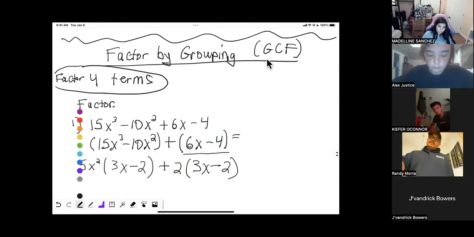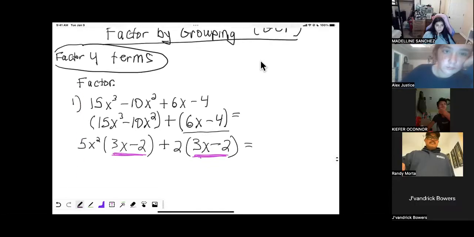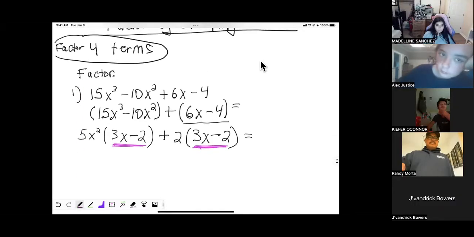Now, I want you to really realize, look at this. Aren't they the same? When you factor by grouping, to do it correctly, they have to be identical. They both have 3x minus 2. So we are one step away from finding our answer. All right, what do they have the same?